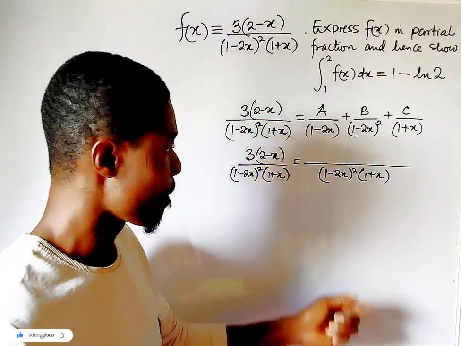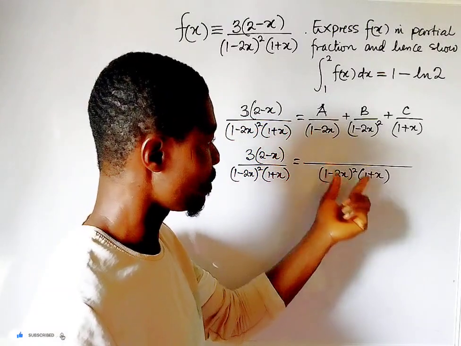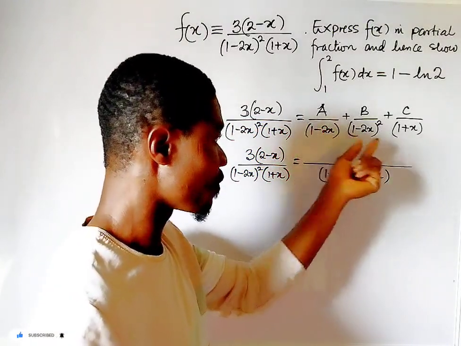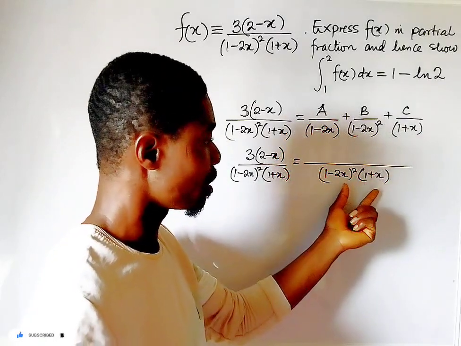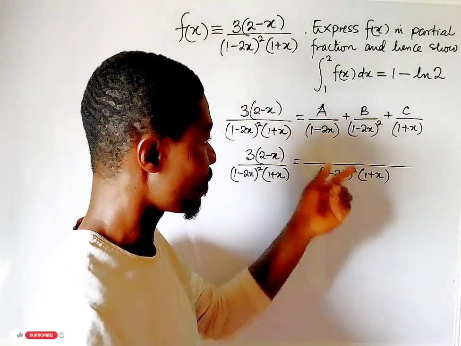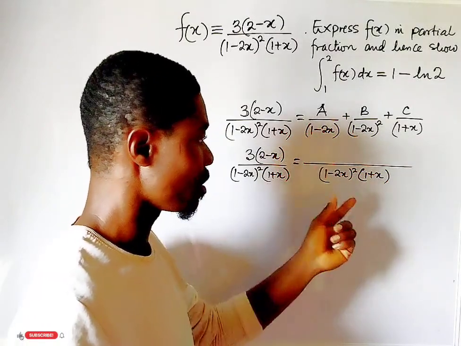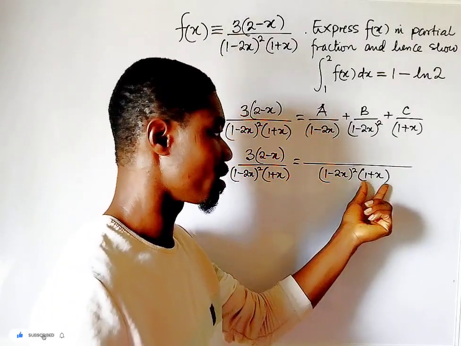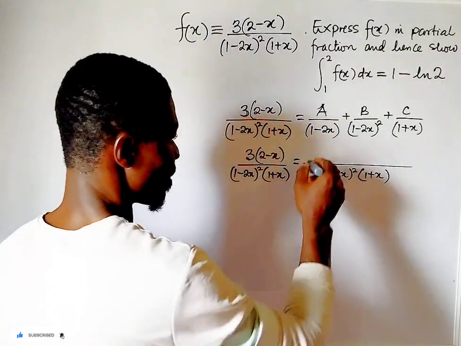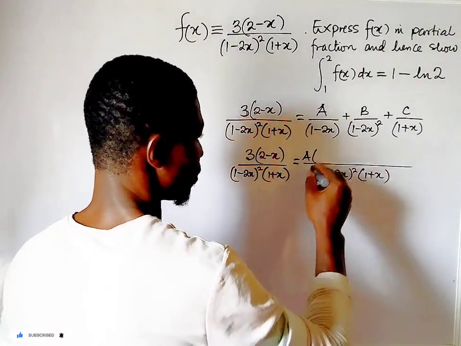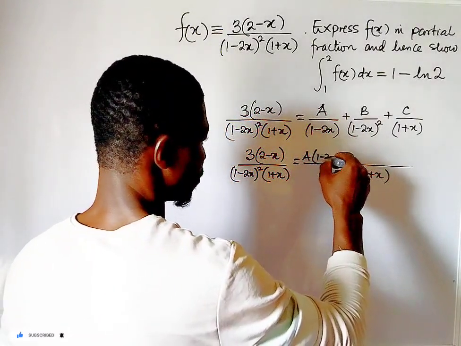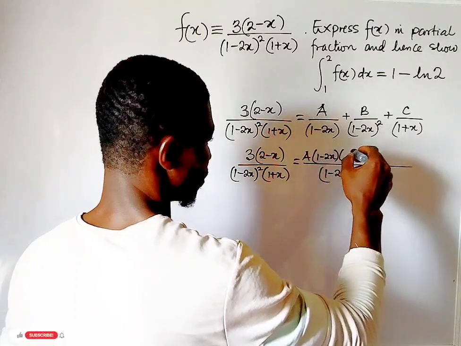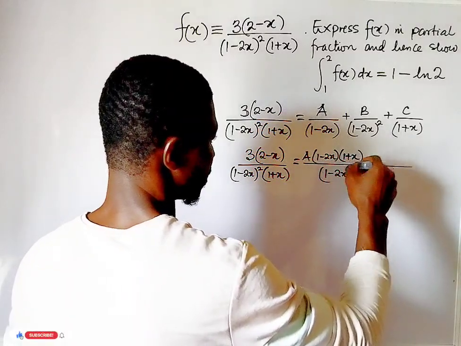So this divided by, we have to take the fractions one by one. So this divided by this, now we have one of these remaining and this one. So here we have a, then into 1 minus 2x into 1 plus x, okay?